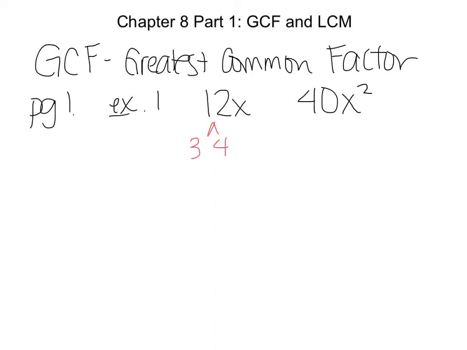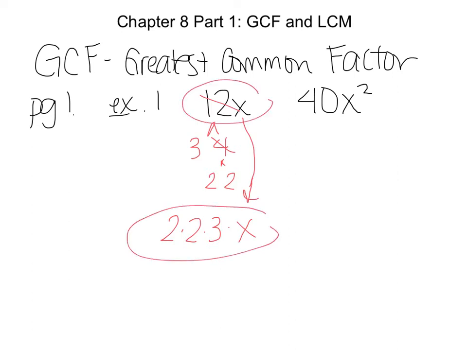You could also do 2 and 6. But the idea is to break this down into prime factorization. So 12 can be rewritten as 2 times 2 times 3. And then we have that x there, so I'm going to bring that down. So we have times x. So 12x is the same thing as 2 times 2 times 3 times x.